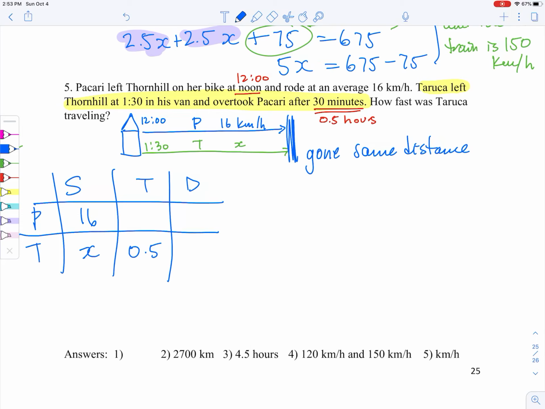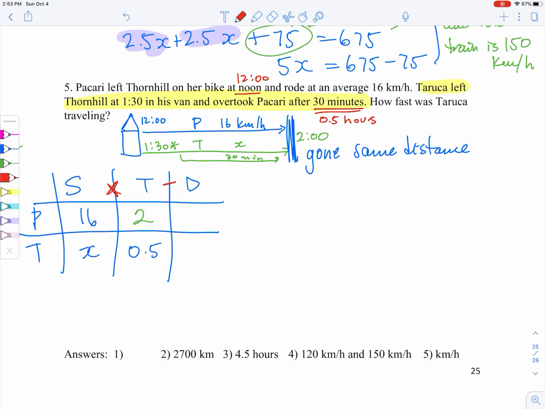But leaving at 1:30, and then I'm going back to this picture, leaving at 1:30 and then traveling for 30 minutes means that the time that they meet up, where they've gone the same distance when Taruka catches up to Pakari, means Pakari had traveled for 2 hours. So I'm putting that in my table as well.